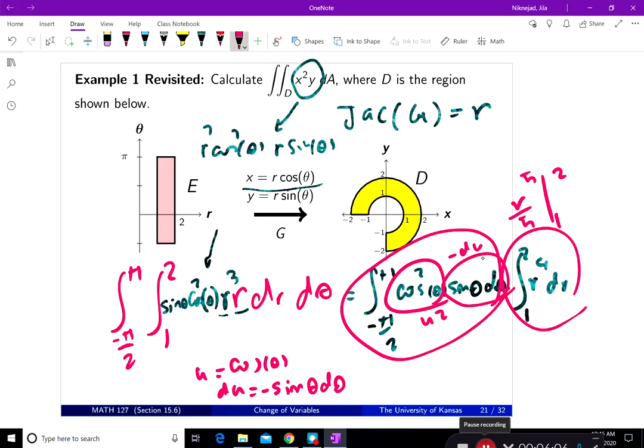The bounds are going to be cosine at negative pi half, which is 0, and cosine at pi, which is negative 1. So this is going to convert to negative, 0 to negative 1.